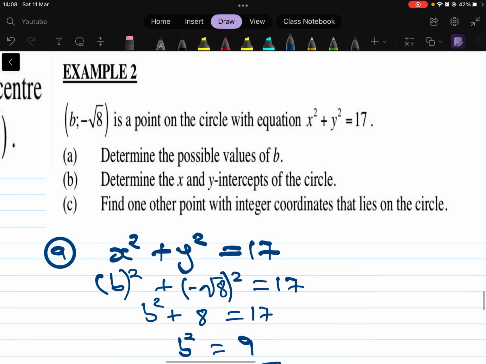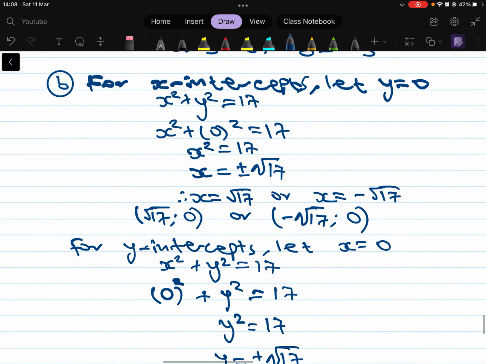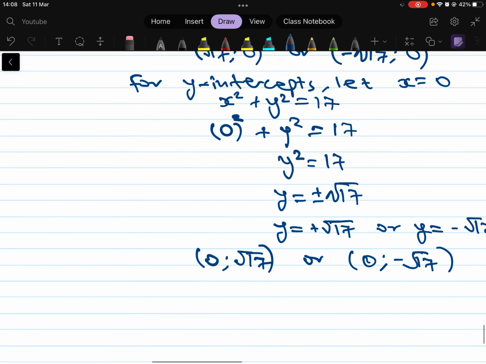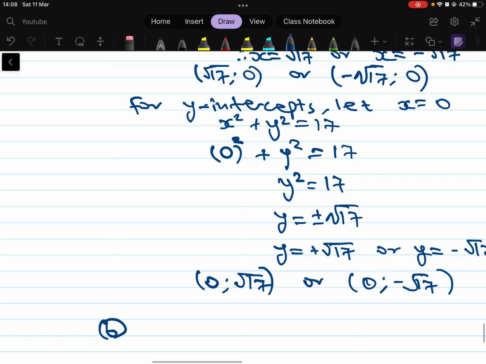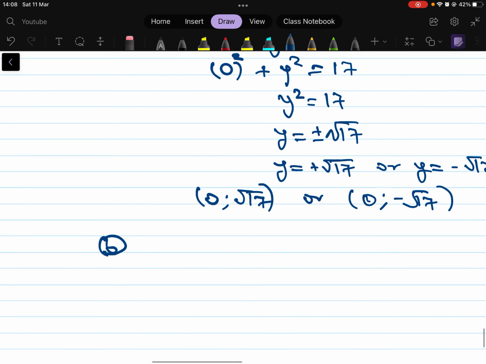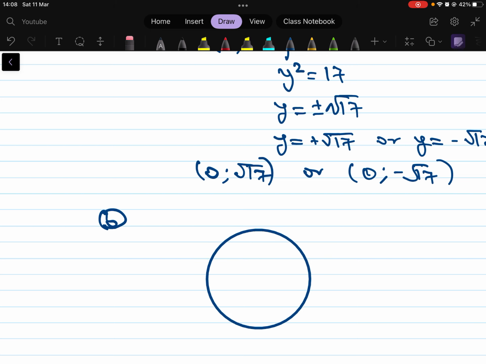Okay, let's look at C. We are required to find the other point with integer coordinates that lies on the circle. So just so that you can visualize how the situation actually looks, I'm just going to try to draw the circle. Suppose this is the circle which is given, which represents the equation which is given.